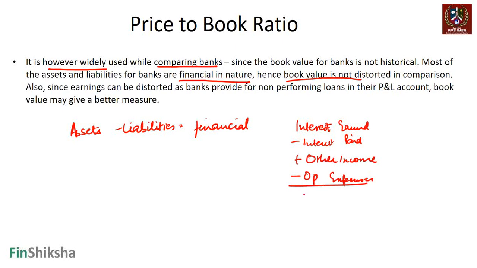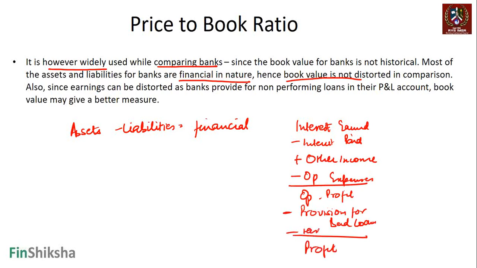From this, you basically come up with some sort of a measure of operating profit. From this, the bank is supposed to set aside provisions for bad loans. Because of this, your profit number changes, and of course you pay tax as well.